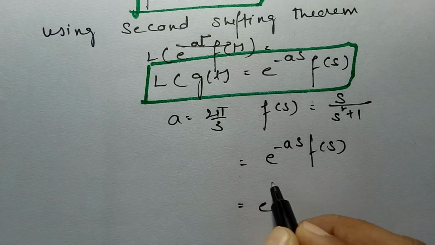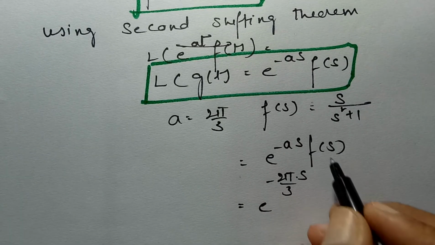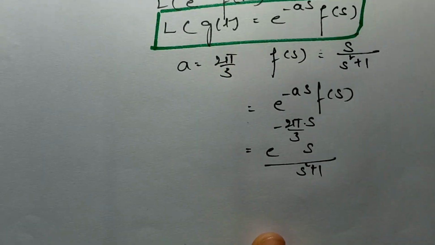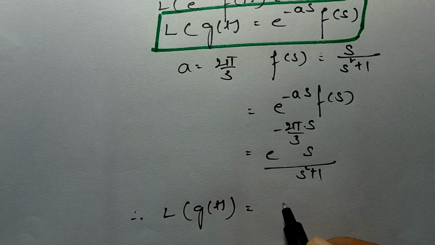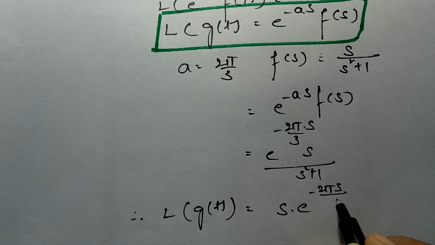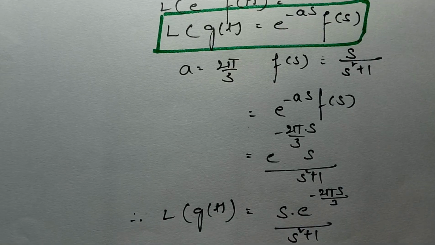That is e power, what is a? 2 pi by 3. Already there is s here, and f of s is nothing but s by s square plus 1. Therefore, Laplace transformation of the second function g of t is equal to s times e power minus 2 pi s by 3 by s square plus 1 is the final answer.